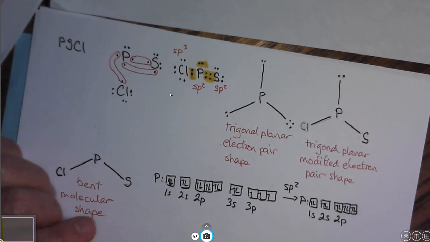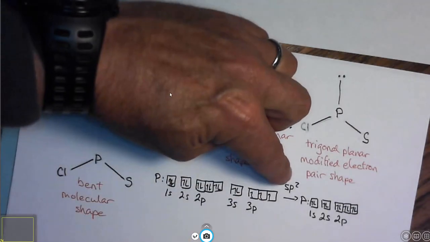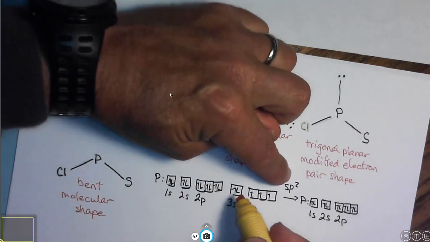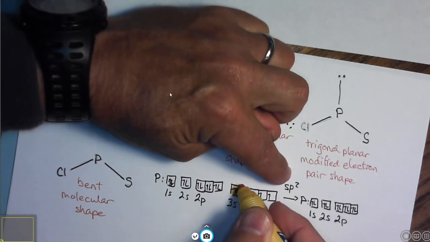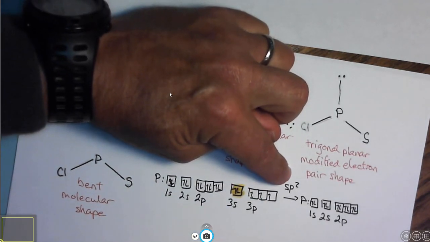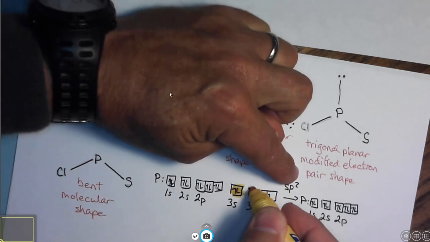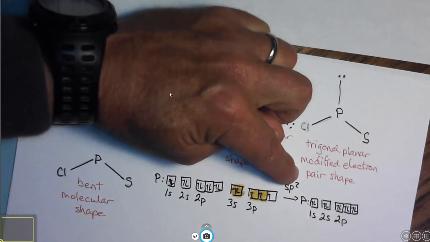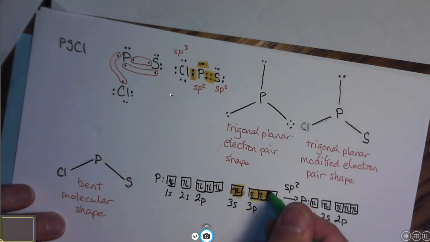If I'm going to hybridize sp2, what that means is we're going to hybridize ns, and the only thing you hybridize are valence orbitals, and that's the 3rd level, so this is the s orbital we're going to hybridize. And we're going to hybridize 2 p orbitals, so 2 of these p orbitals will hybridize, but we're going to leave 1 p orbital unhybridized.